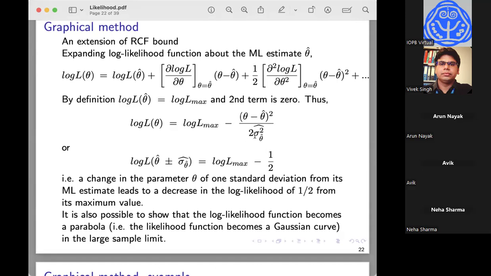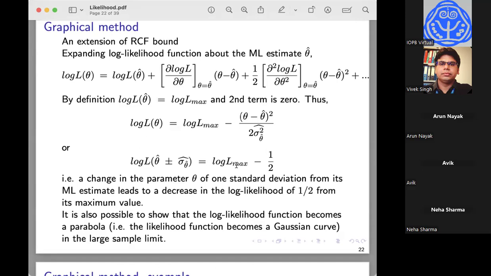So we can derive the second term as theta minus theta hat square over twice sigma theta hat square. Now if you vary theta by theta hat plus or minus sigma theta hat, then what will happen?